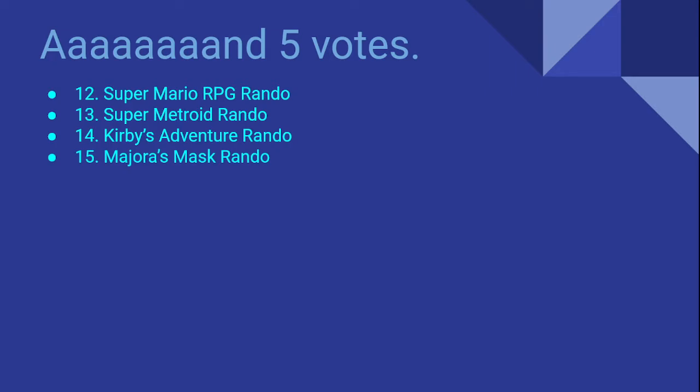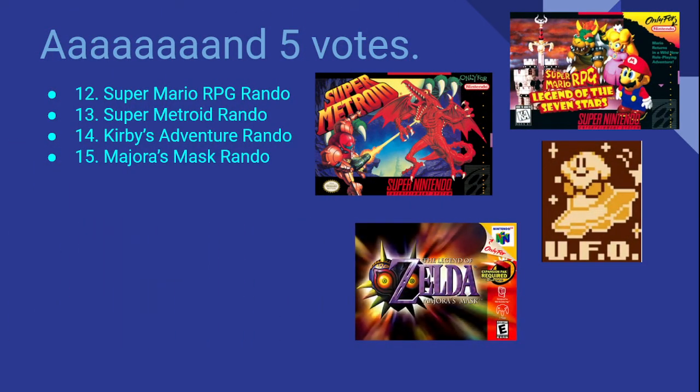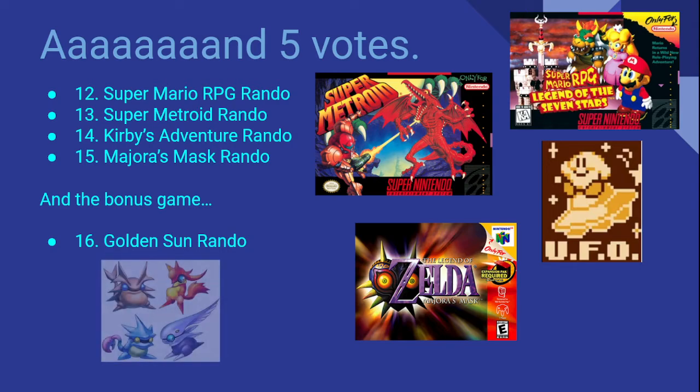So the game coming on in, instead of getting the boot, to give us the 16th game, is going to be Golden Sun. I don't know exactly how the rando's going to go for it. I've never played its randomizer. So not totally sure. We're gonna have to just find out as we go.